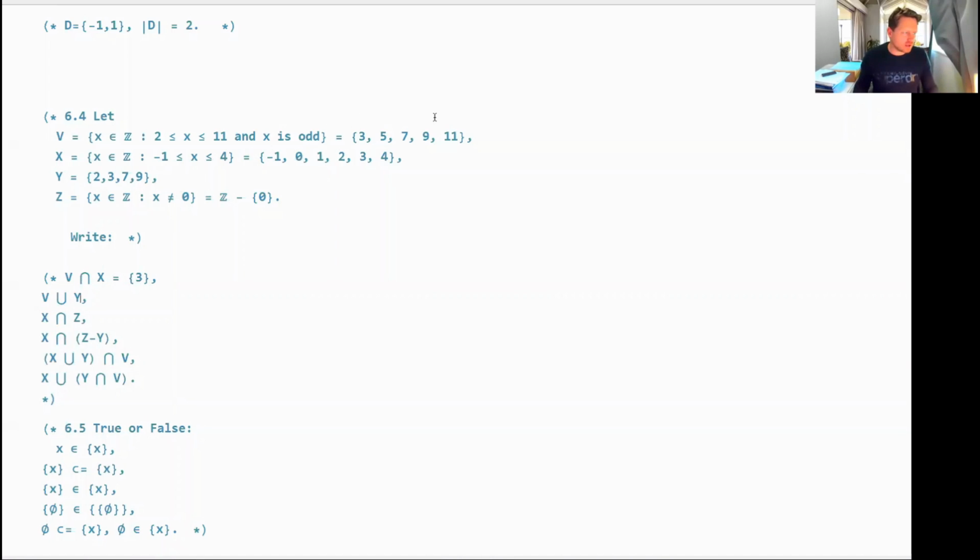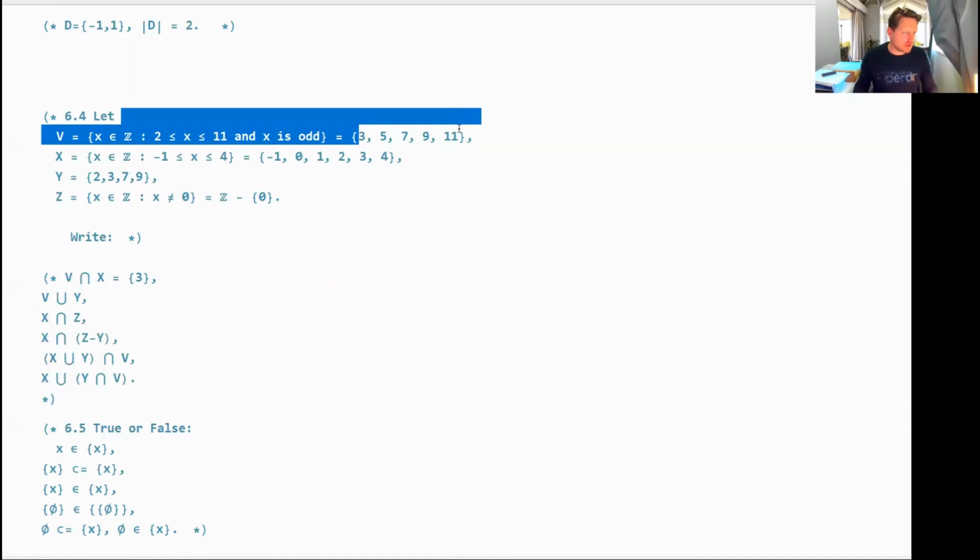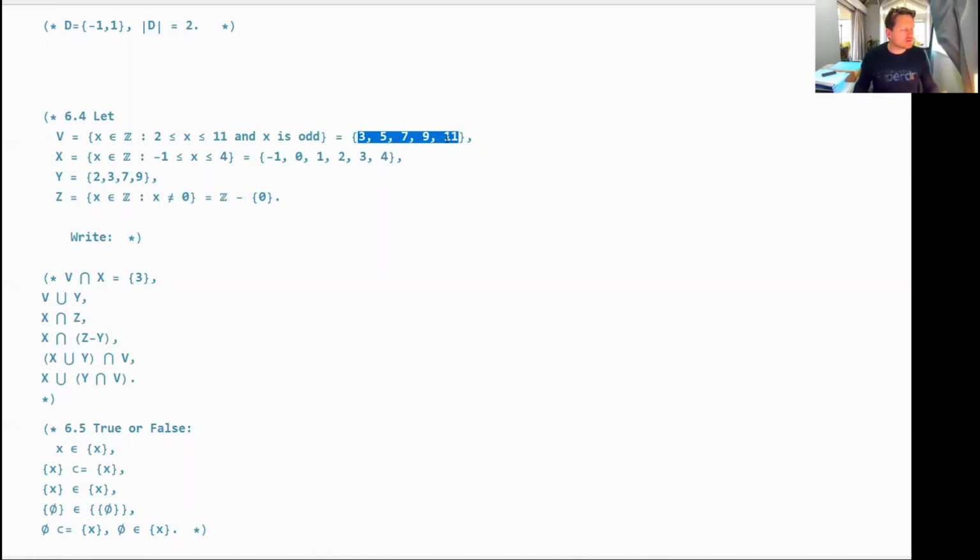Okay, good. The union of V and Y. So that's the elements of V and the elements of Y together combined in one set. Of course, we don't have the duplicates. So I'll just copy and paste. Right, so we have a set with 3, 5, and 11 in it, but we also have some more.